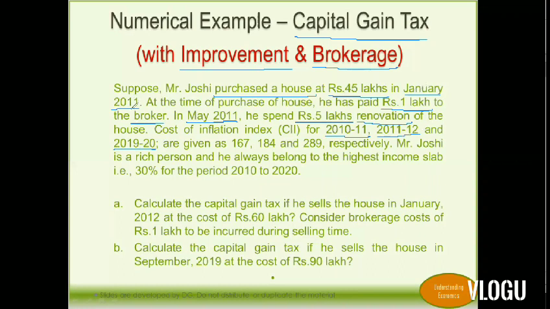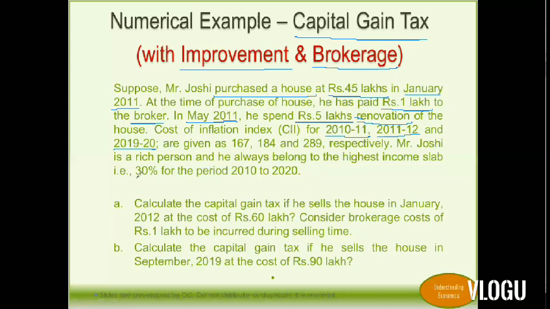So it will fall under the financial year 2010-11. And if you look at the time period for the renovation, it is May 2011. So after the 31st March of 2011, which means this period will be coming under the consideration for the financial year 2011-12.